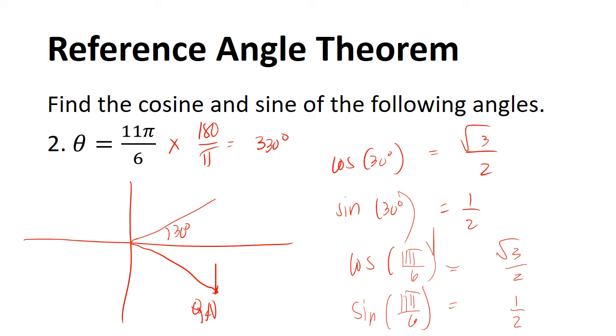Yung angle natin na 11 pi over 6 or 330 degrees nasa quadrant 4 at sa quadrant 4, positive si cosine, so as is, pero yung sine natin is nasa negative y. So, negative 1/2. Therefore, ito po yung final answer.